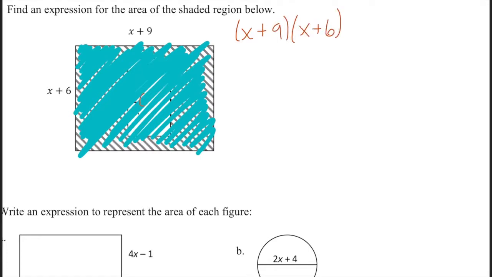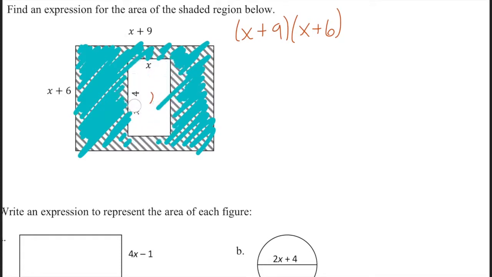Then I want to subtract the white square in the center. By doing that, that leaves me with the shaded area. So I need to subtract x times x plus 4. Okay, that's how you do the shaded area.